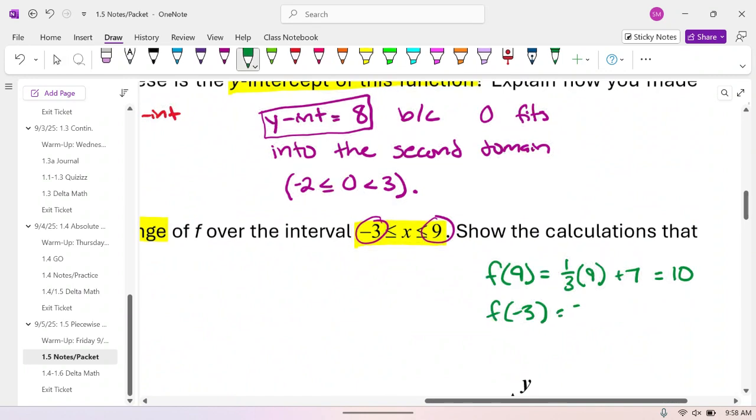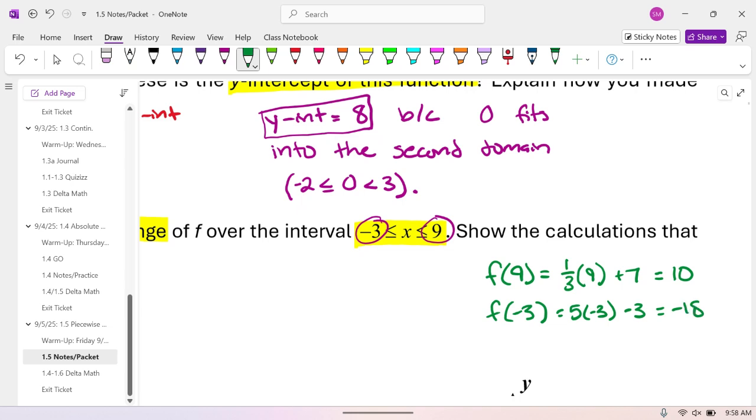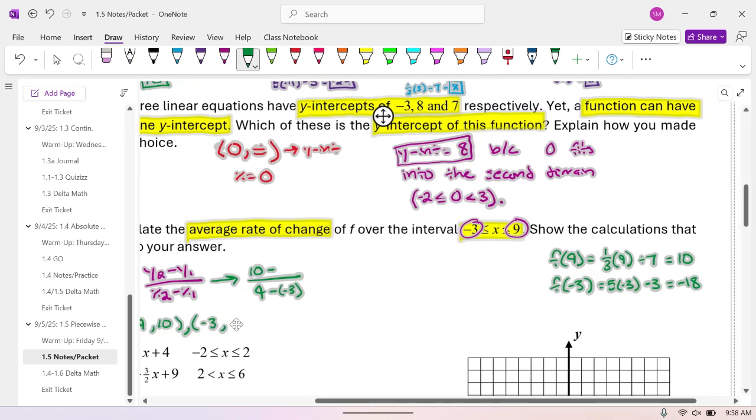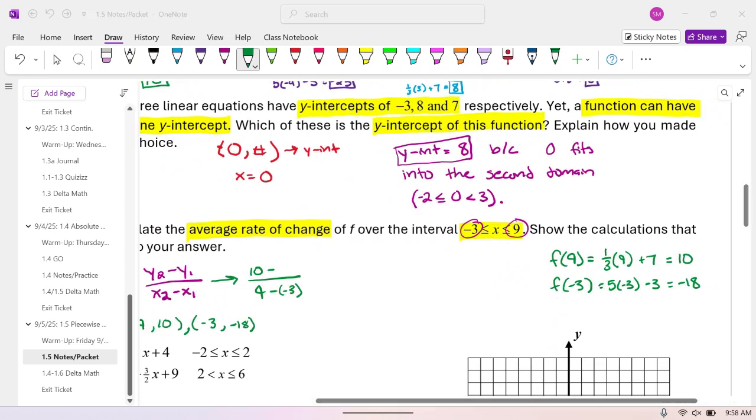I'm going to plug in 5 times negative 3 minus 3. What's 5 times negative 3? Negative 15 minus 3. Negative 18. Good. So that means this point would be (-3, -18). So I'm going to plug in a negative 18 here.